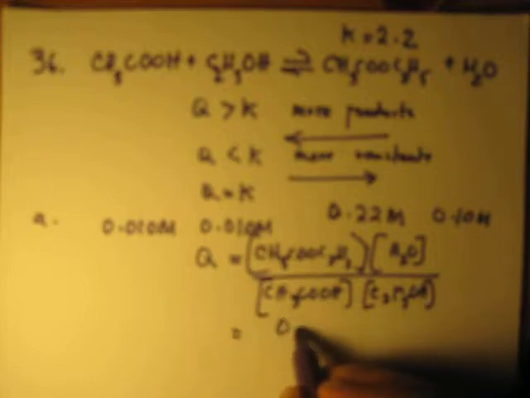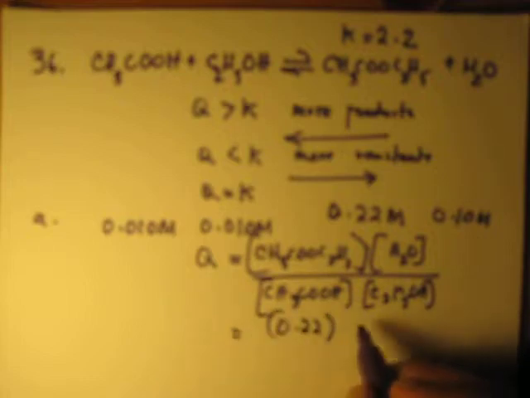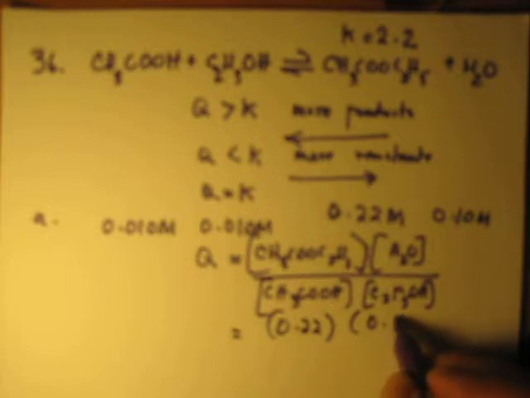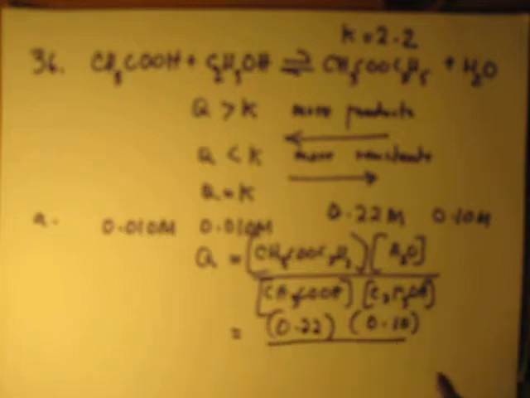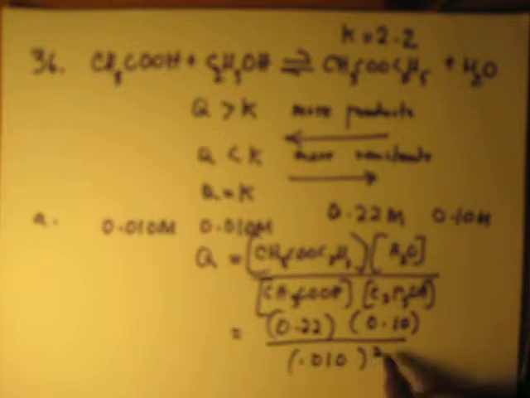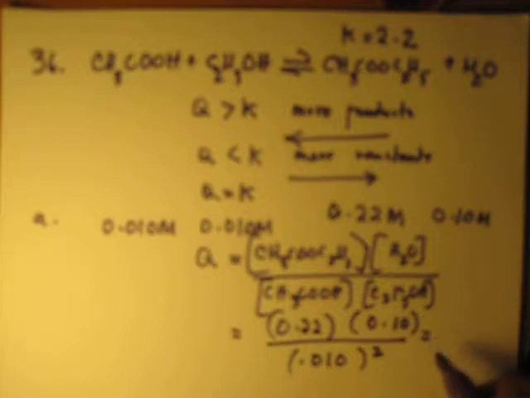It will be 0.22 times 0.10. There are no coefficients, so there are no exponents, over 0.010 squared, and Q is coming as 220.